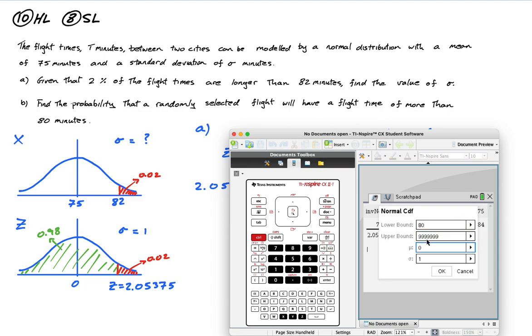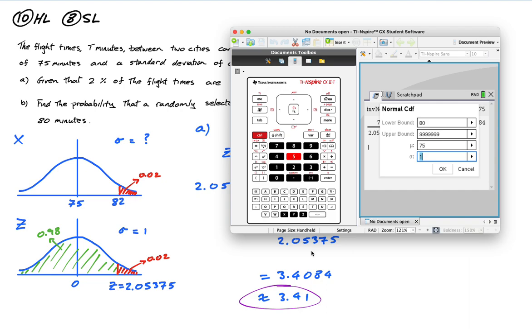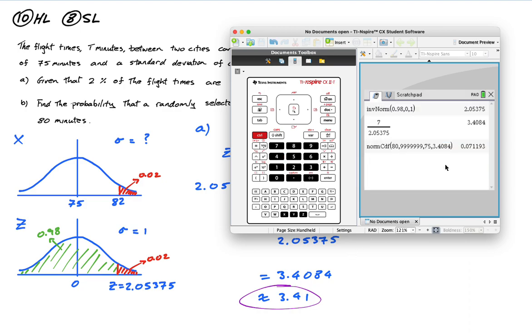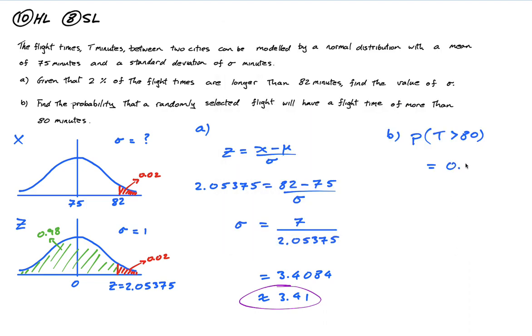My mu is 75, and my sigma, I have now found, is this, but put in this value, guys, not this one. This is the over-rounded one. So I'm going to put in 3.4084, press enter, and I get 0.071193.